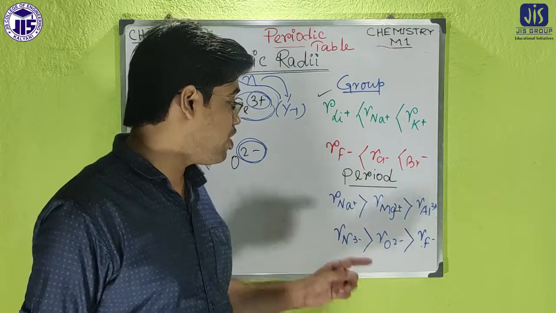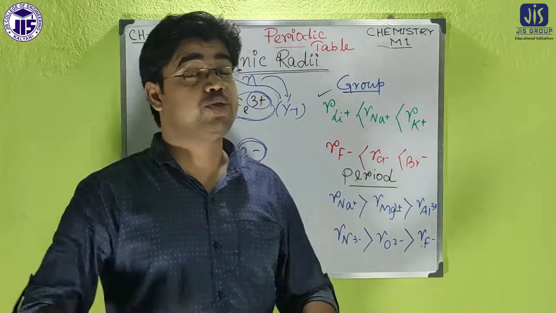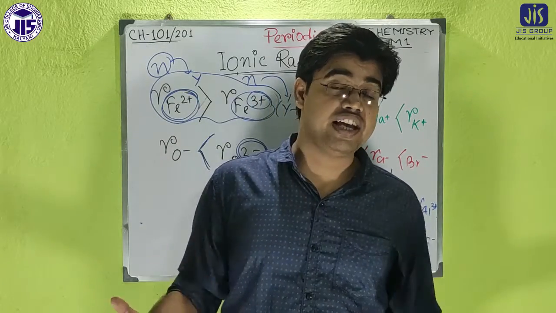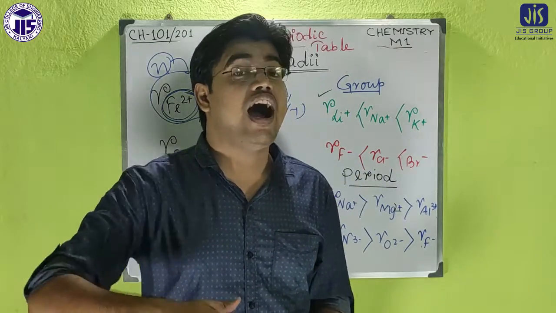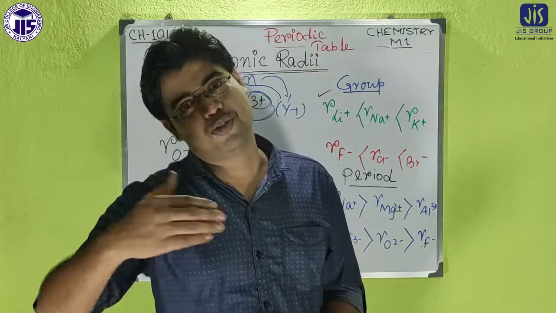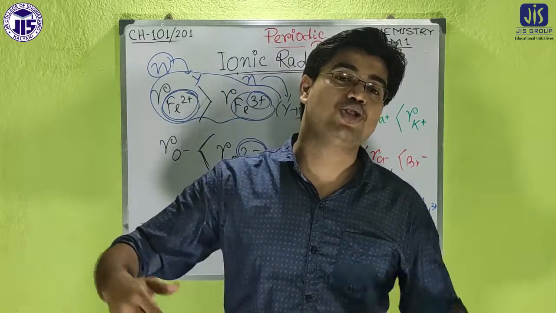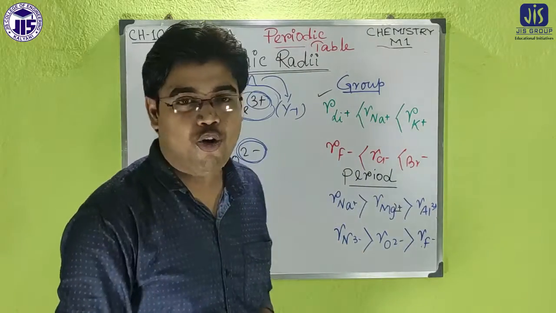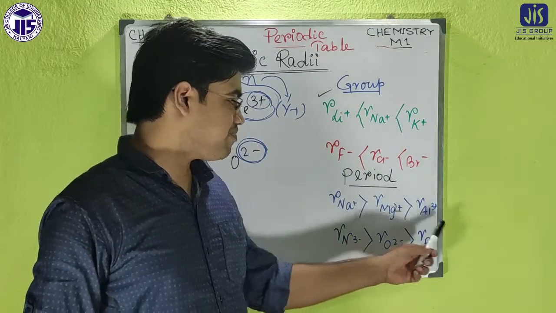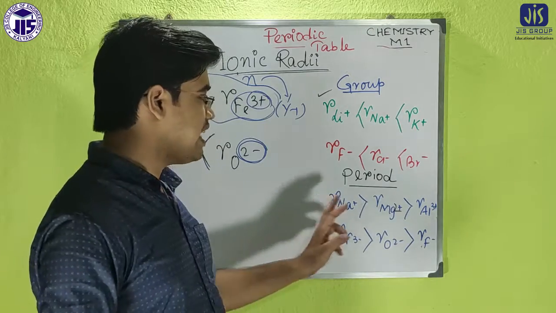Obviously, if proton number is higher, it attracts the outermost electrons more strongly, and so the radius decreases. That is how we can explain the trend.